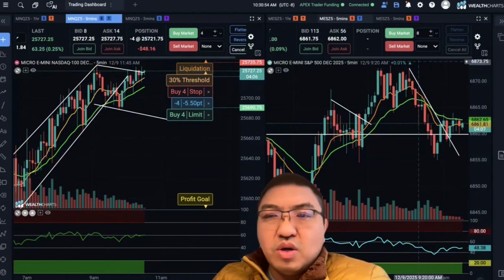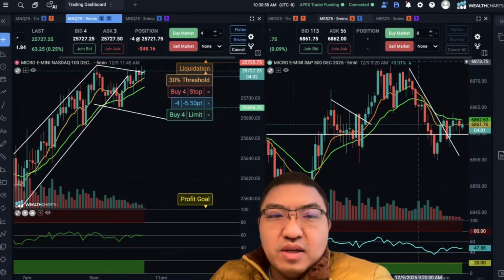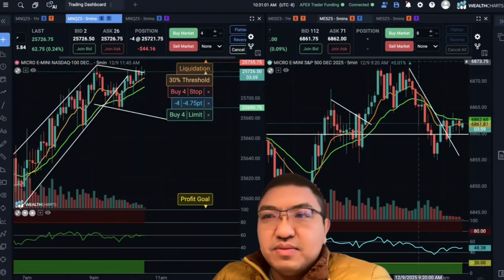It has an intention to go up. Both tickers have an intention to go up for now.